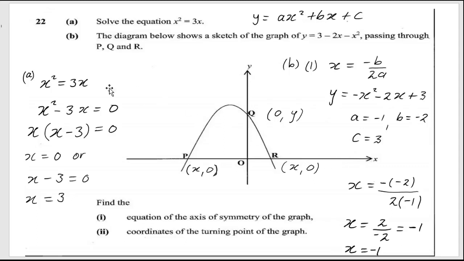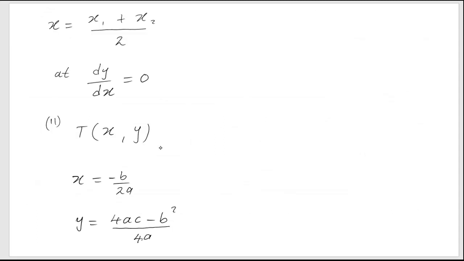So let us do that as well. x has already been found, we found x to be negative 1. That is straightforward. Then let us find y.